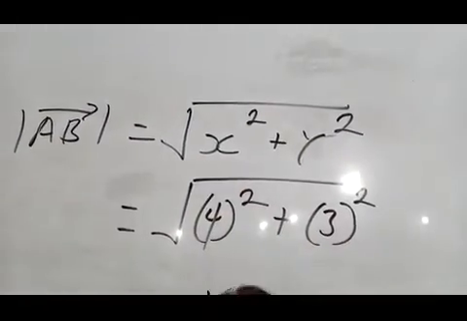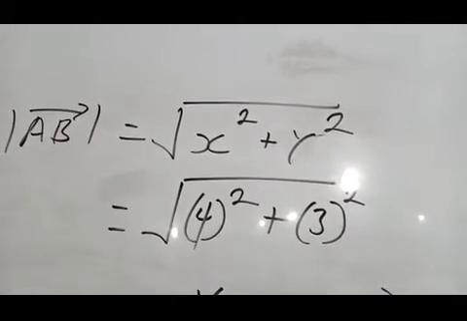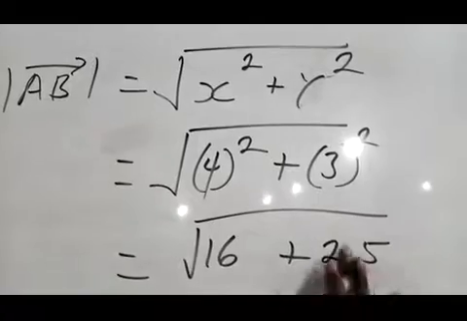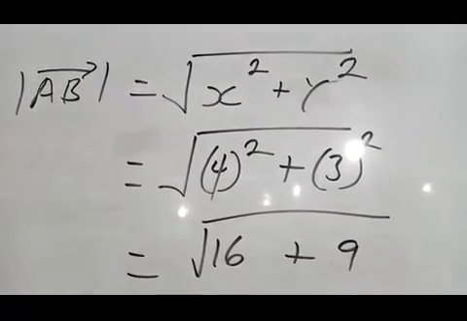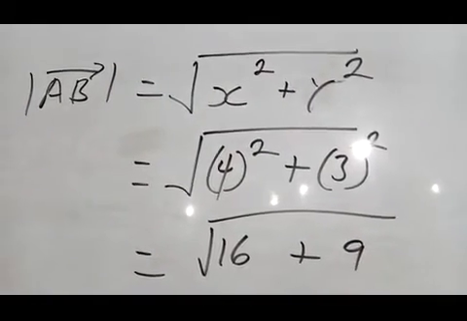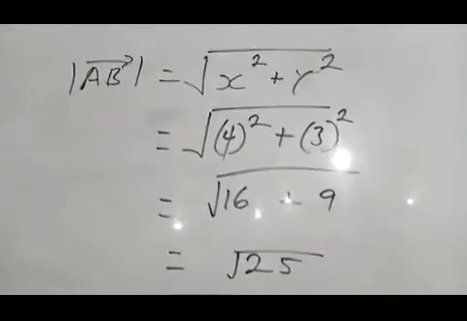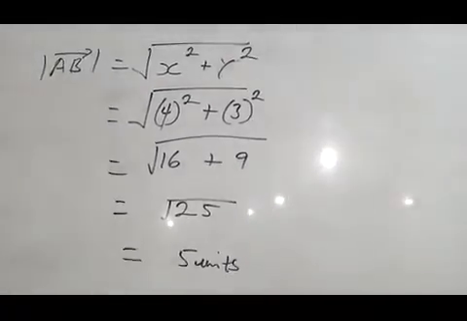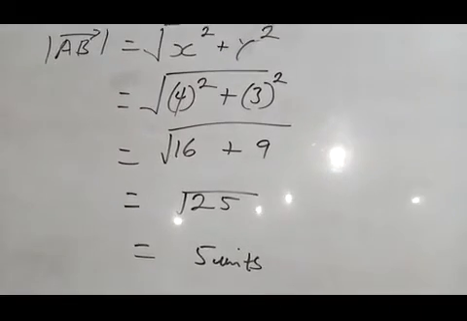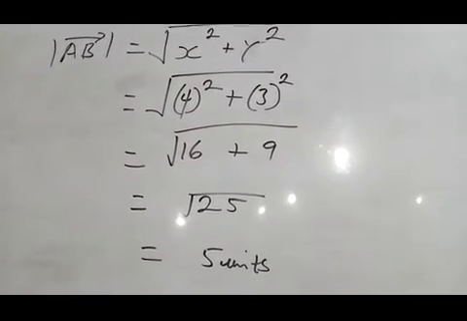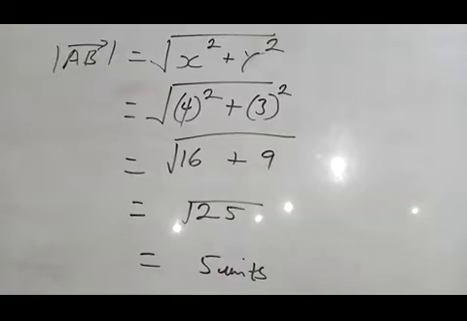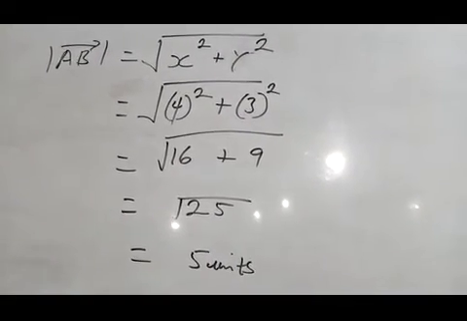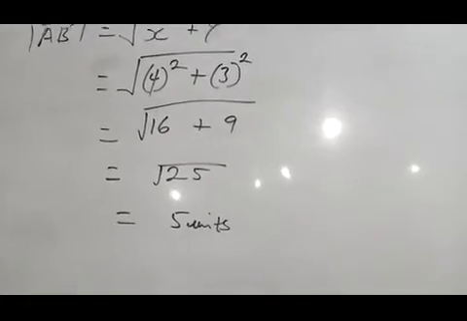So this becomes the square root of 16 plus 9, and that becomes the square root of 25, which is equal to 5 units. If the question is given in centimeters, this is going to be 5 centimeters. If it is given in kilometers, whatever units it's given in, you write it there. But if there's no unit given, you write 5 units.